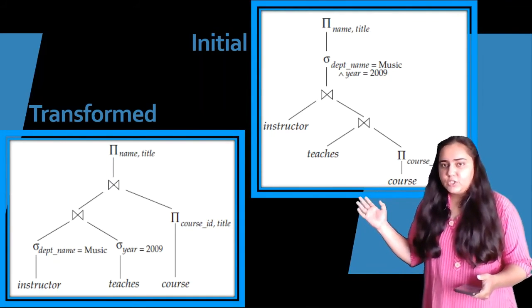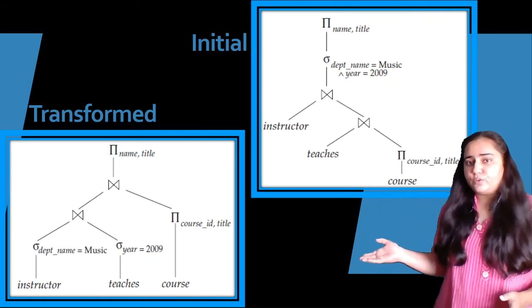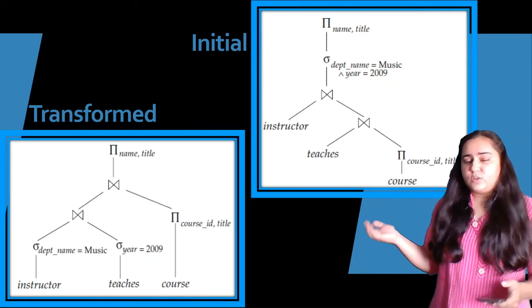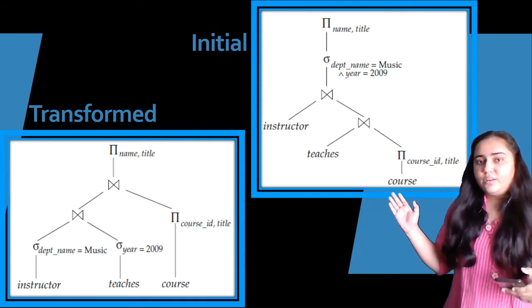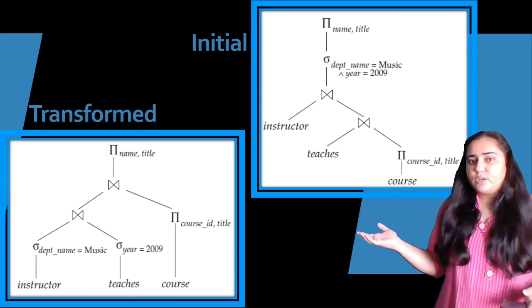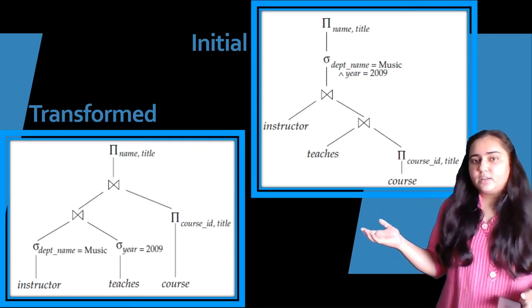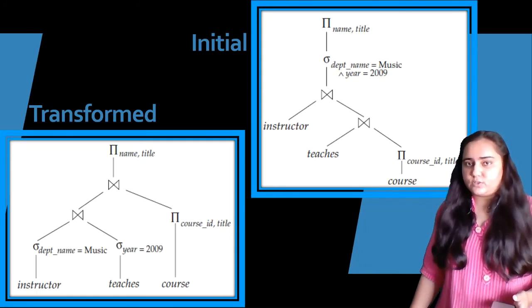But if you see the initial tree, the first thing that I can do is perform pi on course. I can't do anything with instructor and teachers till the pi operation on course is finished. Only then I can take a natural join with teachers. And till that is going on, I cannot do anything with instructor. I can only take a natural join with instructor once this first natural join is over.